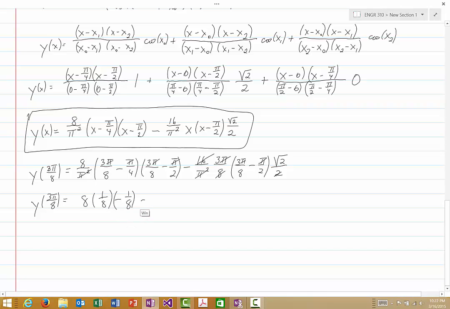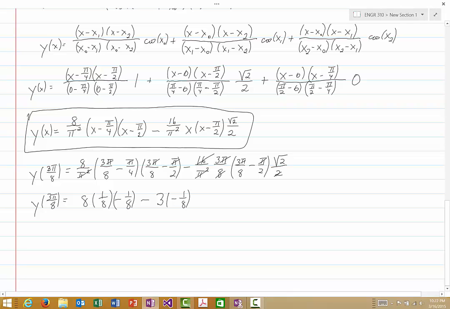And then we'll get minus 3. That's the 3 up here in this 3 pi. And inside we have 3/8 minus 1/2, so that's a minus 1/8, minus 1/8.